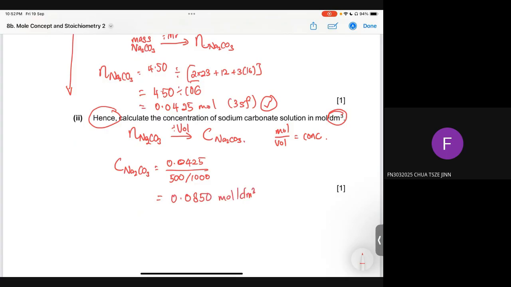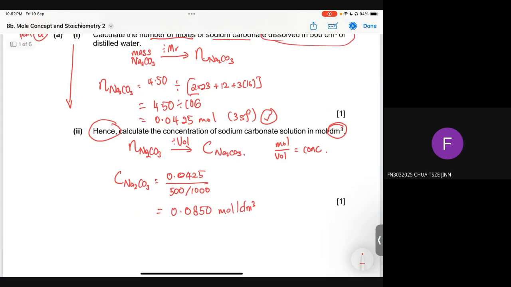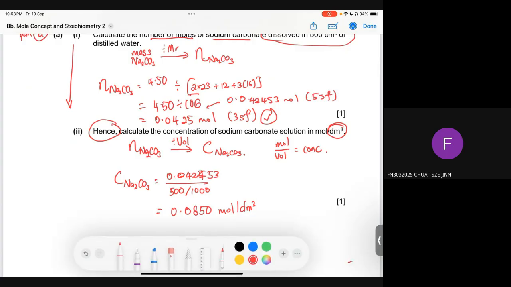Now, some of you may ask, since down here it's 3 SF, should I use 0.0425 or should I use 0.042453, which is the answer in 5 SF? In general, you should be using the 5 SF one.